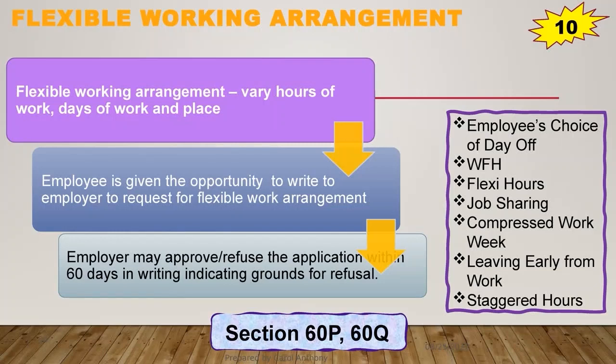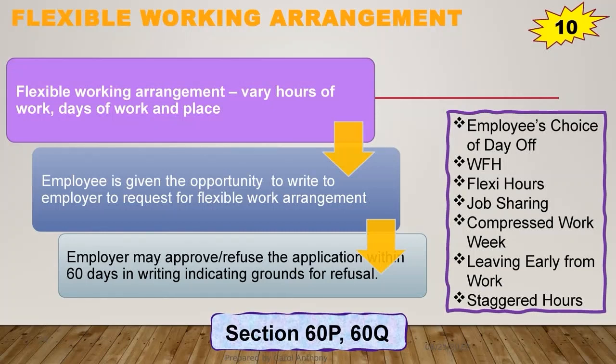You can vary the hours of work, vary the days of work, or vary the place. Varying hours could be, for example, now they are working 9 to 6. So later you tell them, okay, you can work, or they request to work from 8 to 4, for example. Or they can say, I work from 10 to 7. That is varying hours of work.